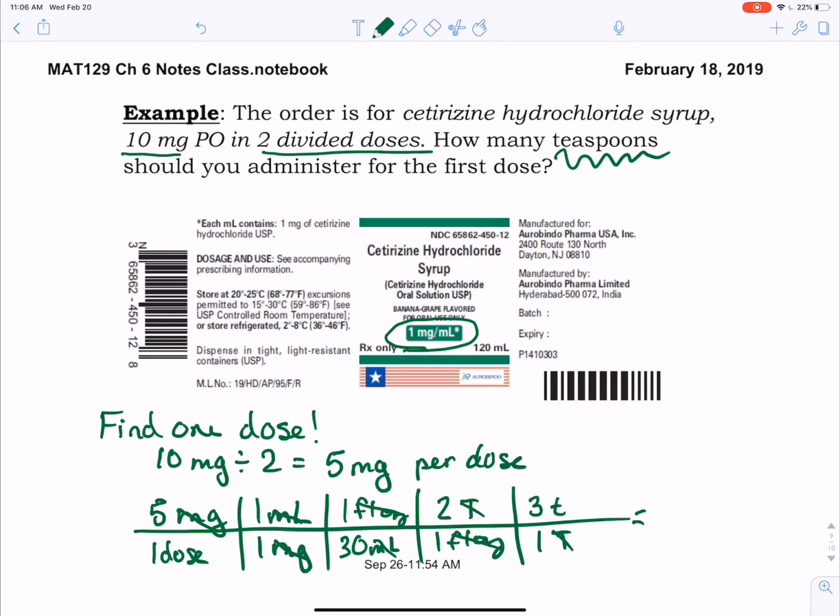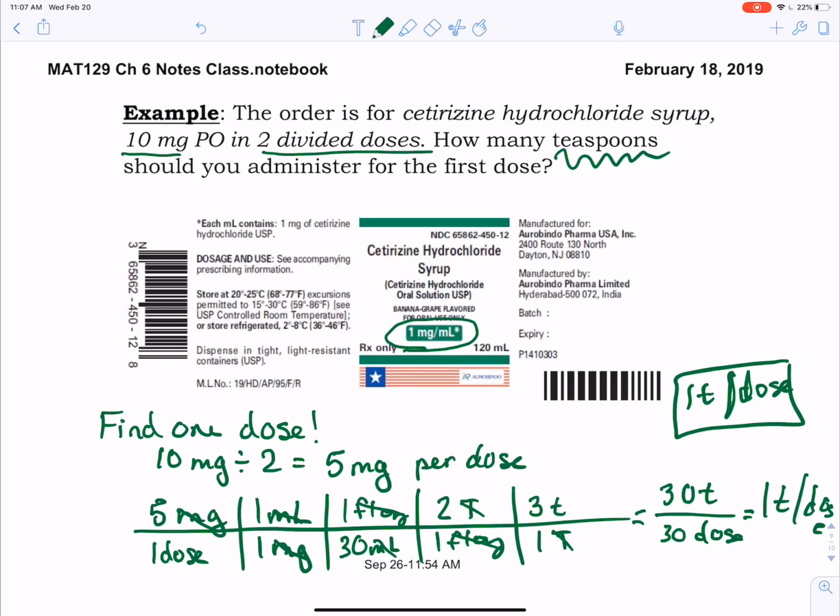So when we multiply straight across the top, we end up with 30 teaspoons. Straight across the bottom, we have 30 doses. So when we divide, we know that's really 1 teaspoon per dose. And like we said before, if you had memorized how many milliliters were in a teaspoon, we could avoid all of this extra stuff.